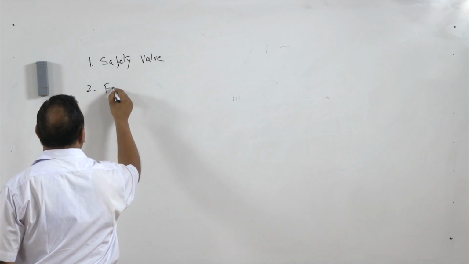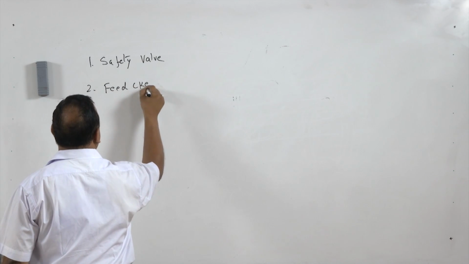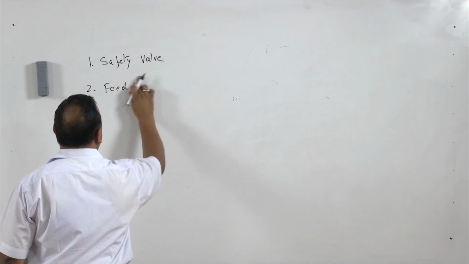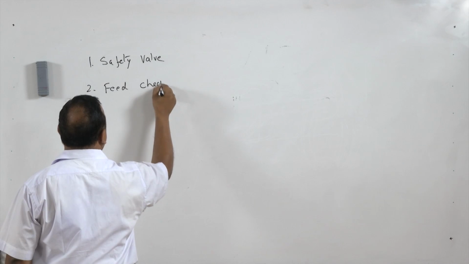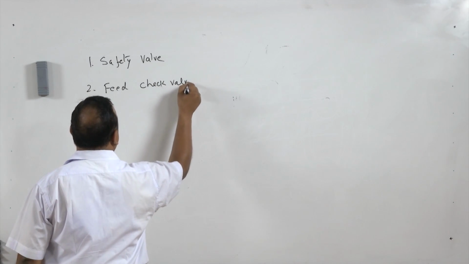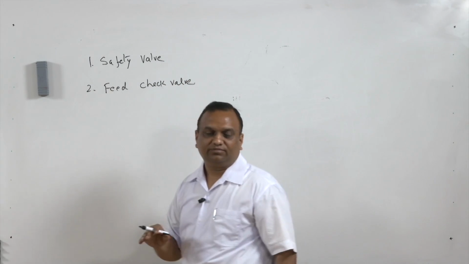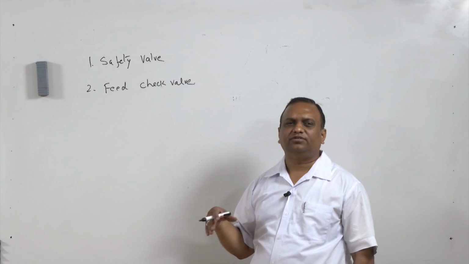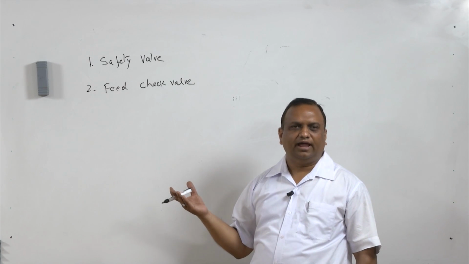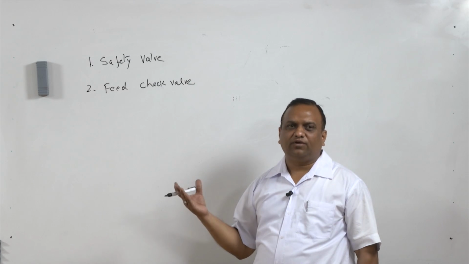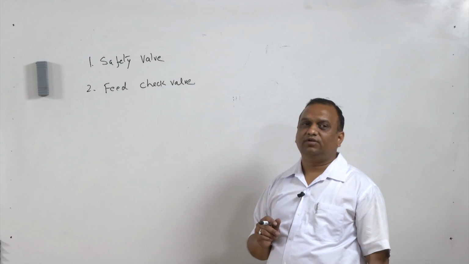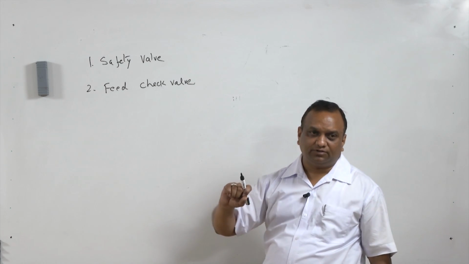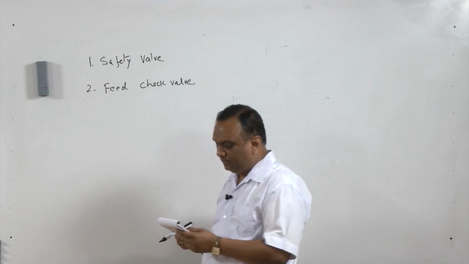Feed check valve. Now the feed check valve is provided at the inlet of the boiler, right? It is a sort of non-return valve, and in a feed check valve, the reverse flow of water cannot take place. Once the water enters the boiler, there is no reverse flow.